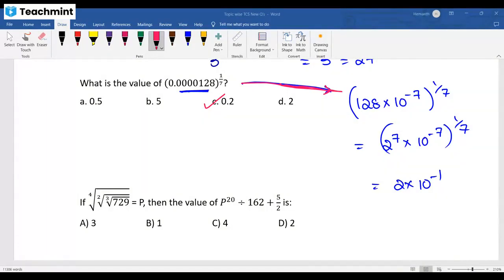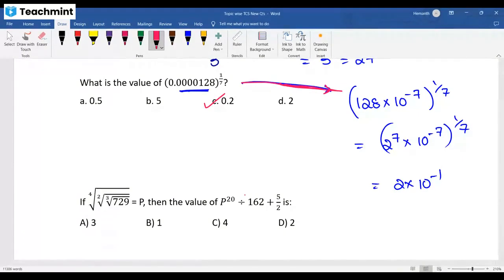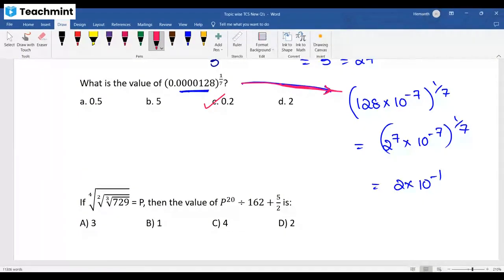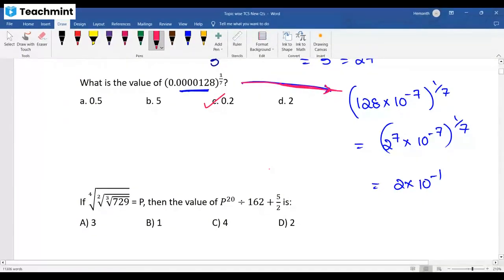Yeah, a few people are answering option C, 4. Okay, option C and 4, both fine, same only.